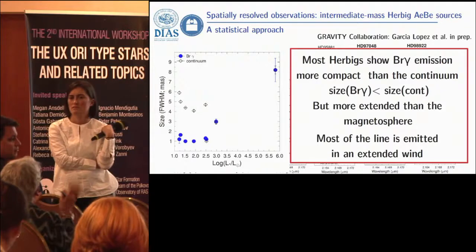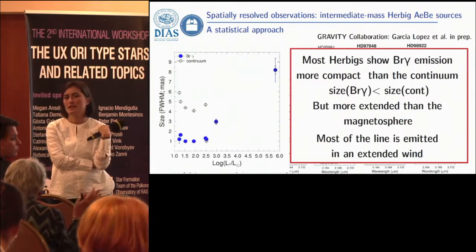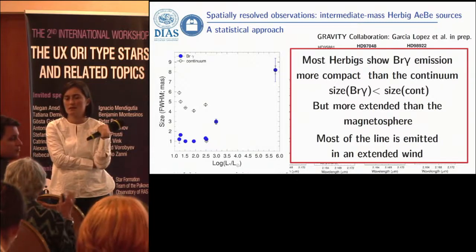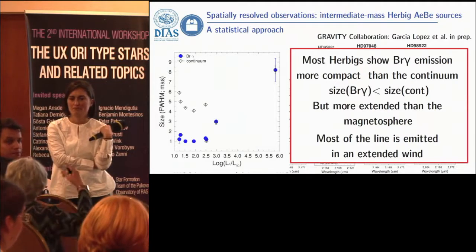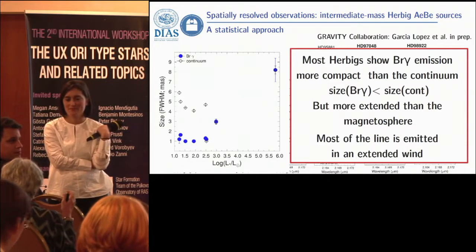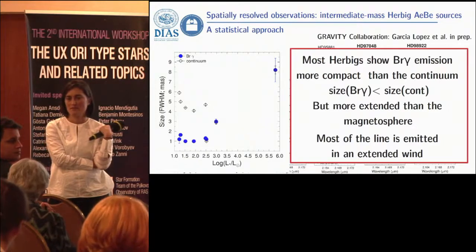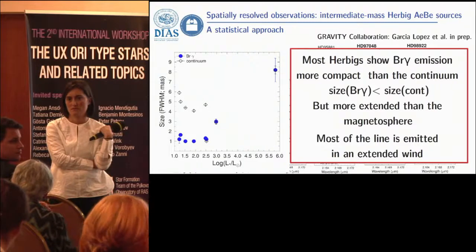You fit a ring or a Gaussian, and you don't know what it is. If it fits well, you say, more or less, it has this size, this inclination, this position angle. And that's why the error bars are very large, and we are still arguing about misaligned disks. I don't think one has done that with lines or with anything else, as far as I know.